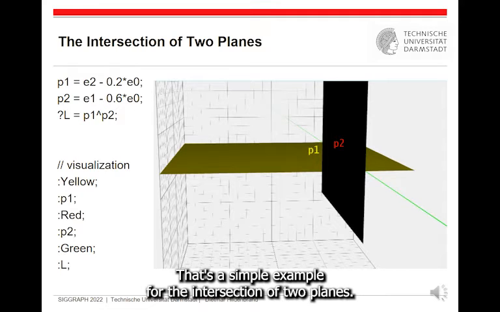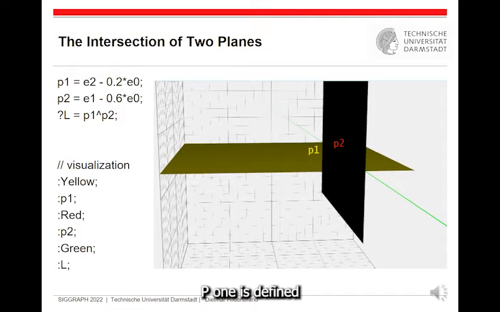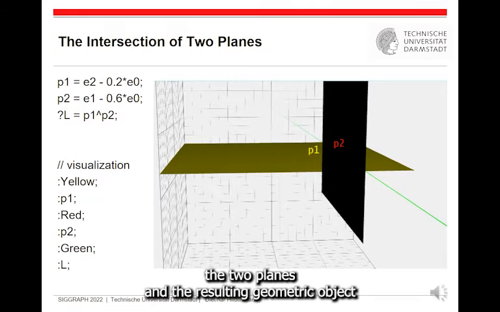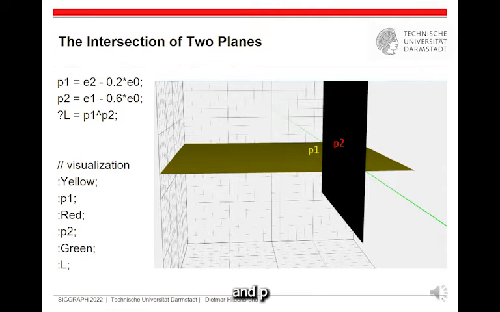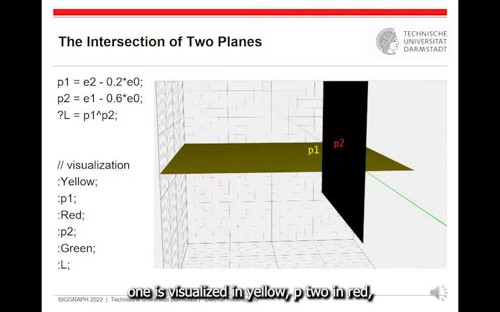That's a simple example for the intersection of two planes. P1 is defined as E2 minus 0.2 times E0, meaning with distance to the origin of 0.2, and P2 is defined with a normal vector E1 and with a distance 0.6 to the origin, and P1 wedge P2 means that we intersect the two planes, and the resulting geometric object is the line L. P1 is visualized in yellow, P2 in red, and the resulting line in green.